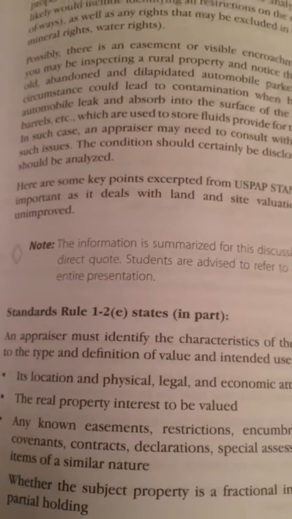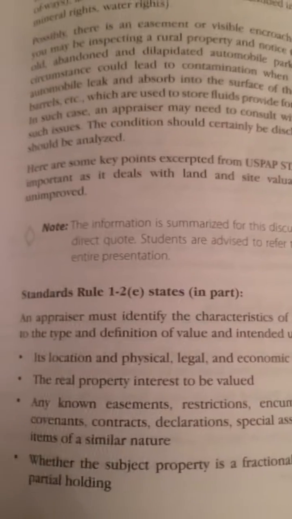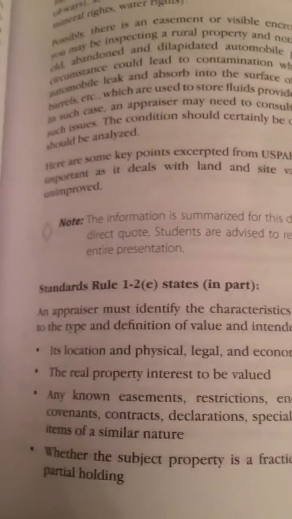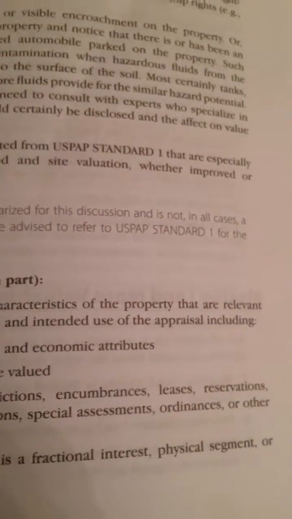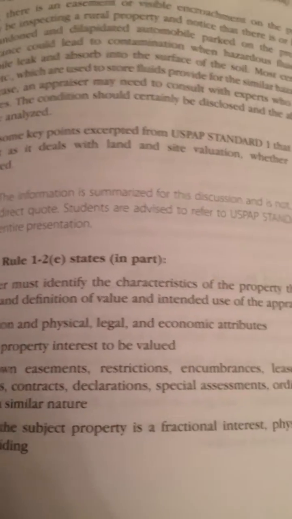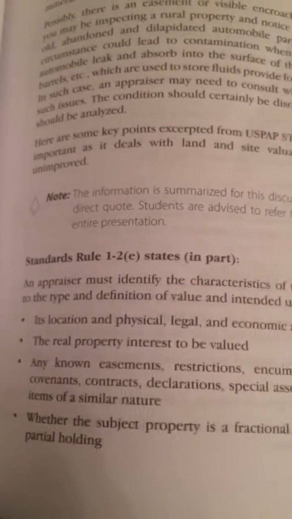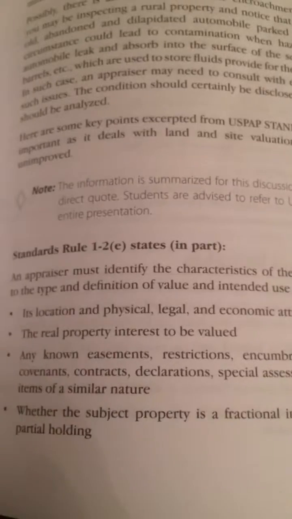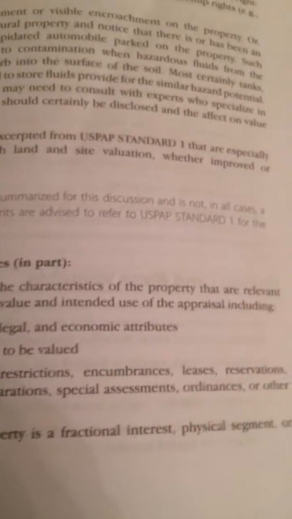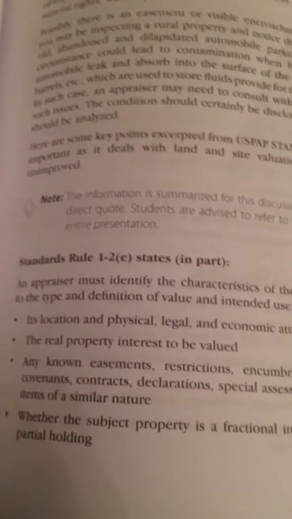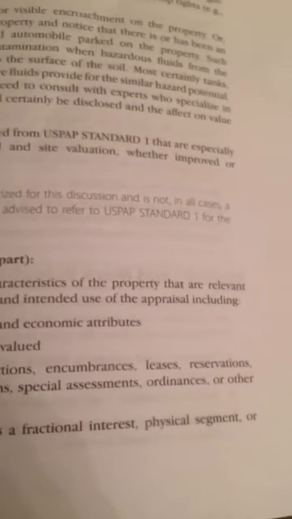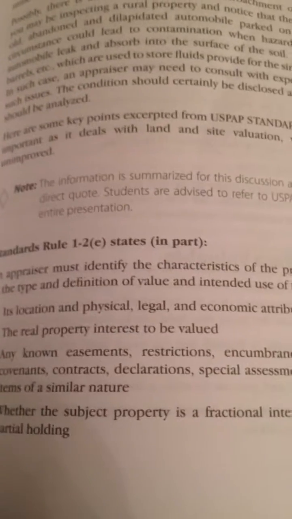Standards Rule 1-2(e) states, in part, an appraiser must identify the characteristics of the property that are relevant to the type and definition of value and intended use of the appraisal, including its location and physical, legal, and economic attributes, the real property interest to be valued, any known easements, restrictions, encumbrances, leases, reservations, covenants, contracts, declarations, special assessments, ordinances, or other items of similar nature.